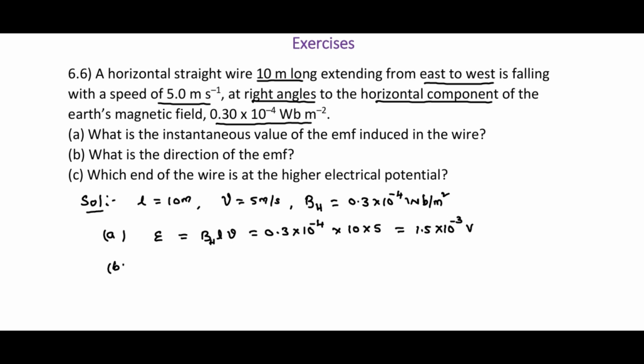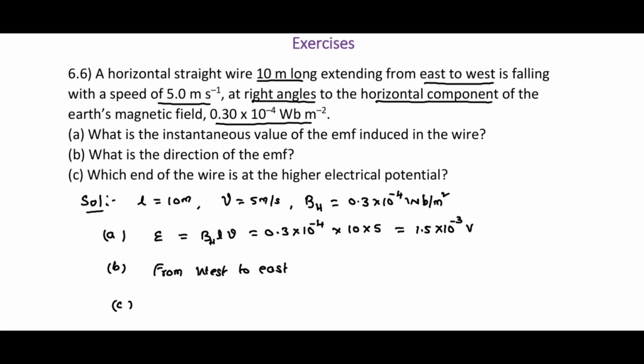Coming to B, what is the direction of the EMF? The direction of the EMF is from west to east. We can find this out with the help of Fleming's right hand rule.